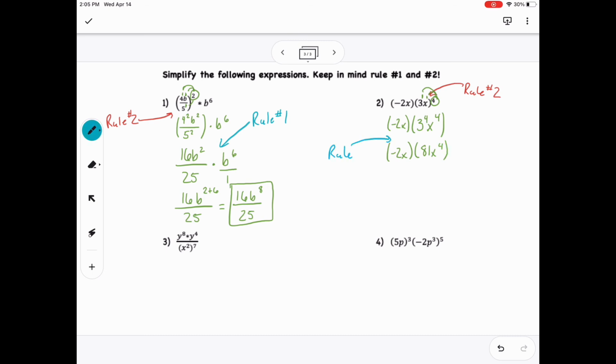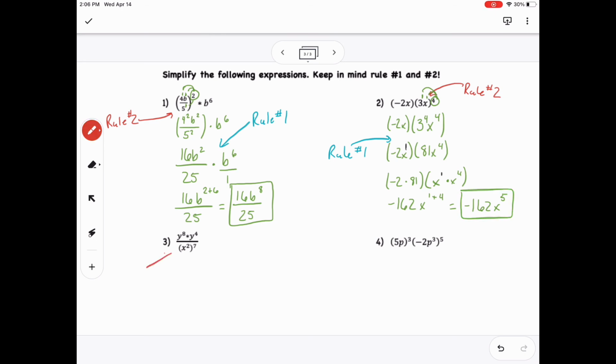And now I get to use rule number 1 because I see a negative 2 times 81 and an x and another x in my two parentheses. So I'm going to put those like bases together, multiply. I'm going to add those exponents. So that gets me negative 162 times x to the 5th.